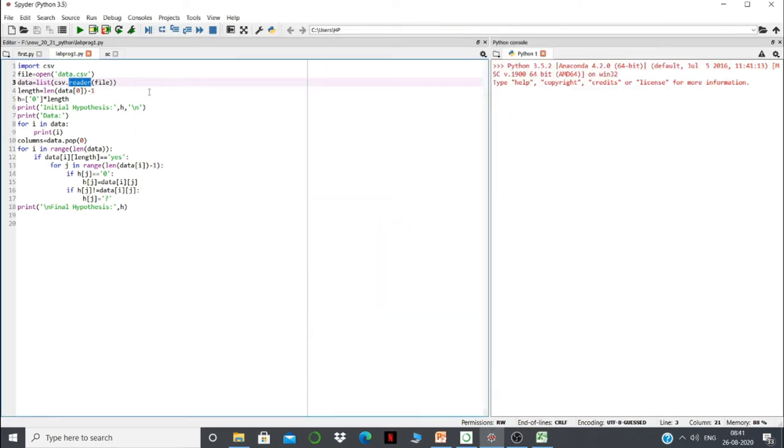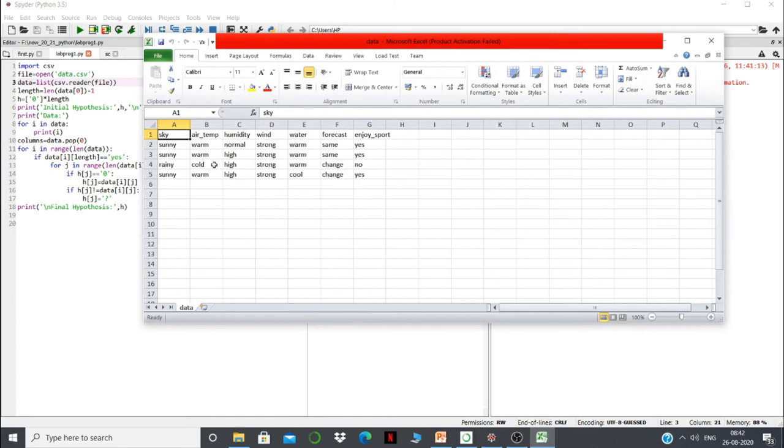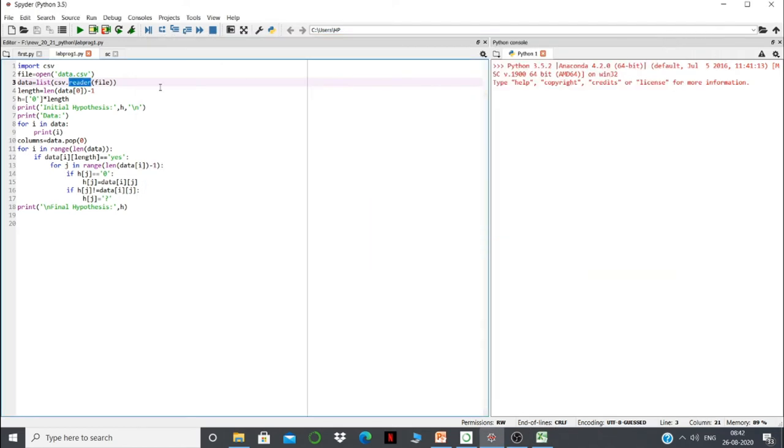So for that reason, the first thing is we need to find the length of the attributes. To find the length of the attributes, the data of 0 to -1 gives you the length of the attributes. So the length of the attributes here, according to this table, is 1 2 3 4 5 6. 6 is the attribute length. So in the length variable, 6 is going to be placed.